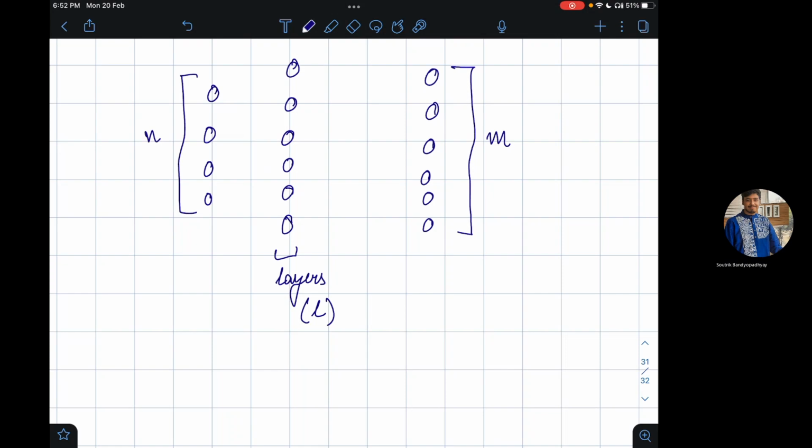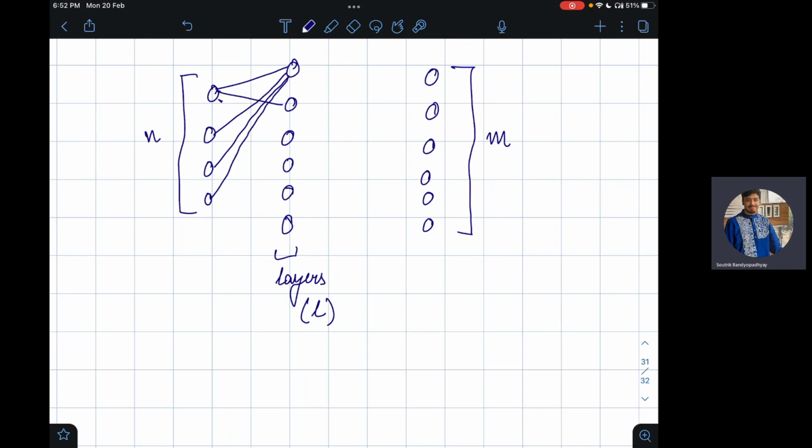If you look at this network, each of these neurons has these kind of connections over here, and so on. Each of these neurons has all possible connections to the layer behind it.